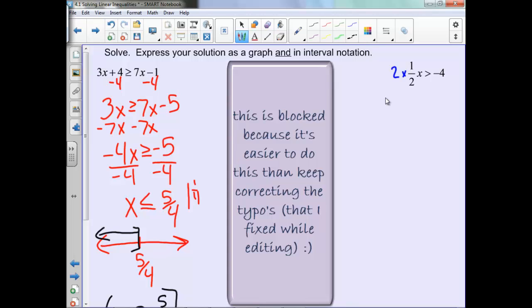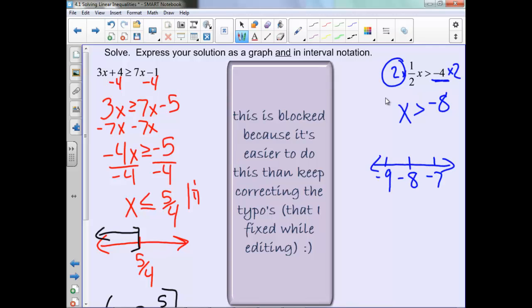We can just multiply both sides by 2. Notice though this 2 was positive, so our sign is not going to change, even though this is a negative here. And we want the numbers greater than negative 8, so we'll be going this way. And it's not including, so it'll be our open parenthesis. So you have negative 8 to infinity.